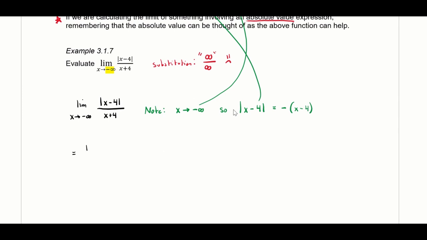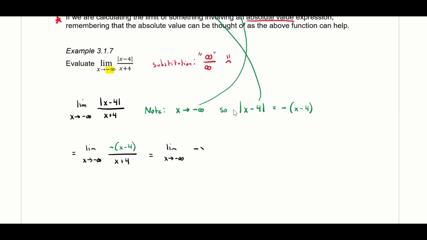So I have the limit as x goes to negative infinity of, again, replacing the absolute value of x minus 4 with negative x minus 4, divided by x plus 4. I'm going to distribute that negative in there.